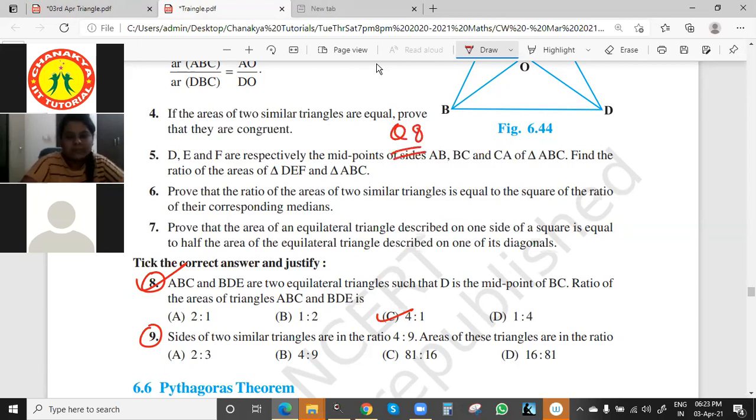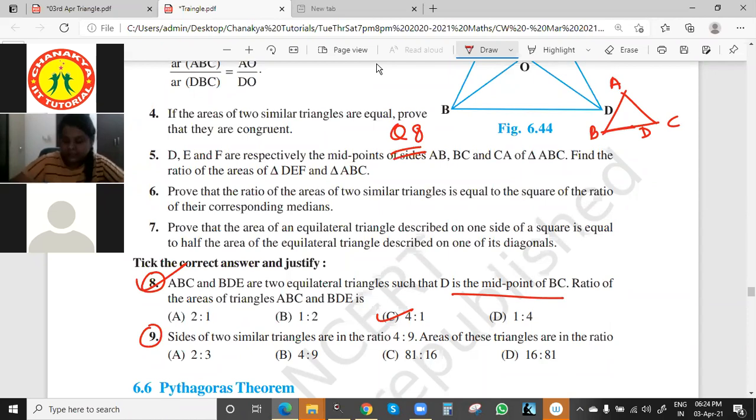See, ABC and BDE are two equilateral triangles. One is ABC and BDE are two equilateral triangles. D will be the midpoint of BC. Here we can say D point. BD we have drawn, so this is an equilateral triangle. So the angles will be equal.